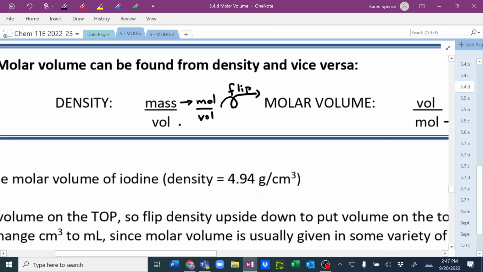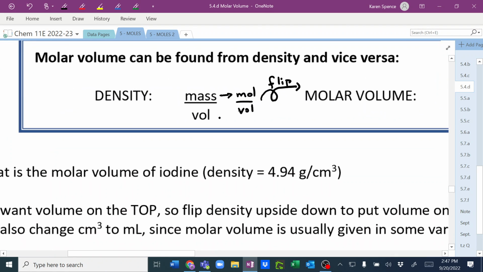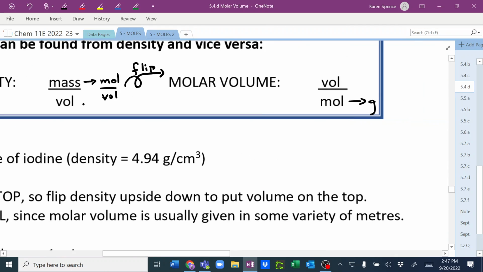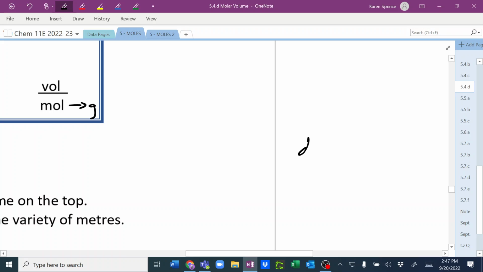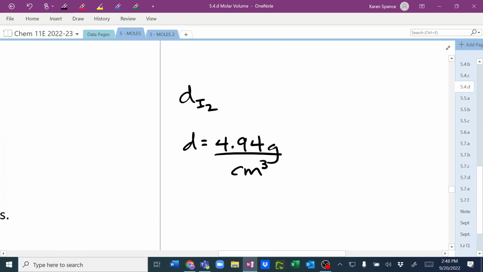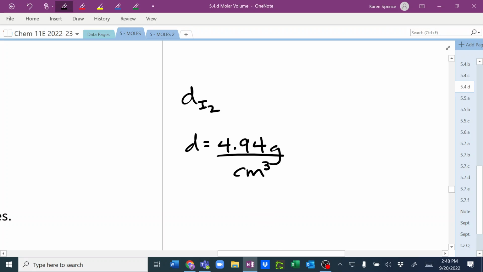But if we were to say, what is the molar volume of iodine? Its density is 4.94 grams per centimeter cubed. What do we know about iodine? Iodine is diatomic, so the density of I2. And we want to find the molar volume. What is the unit of molar volume?